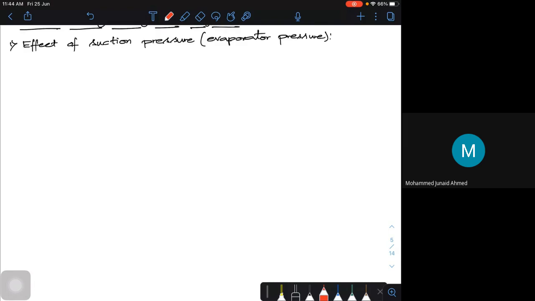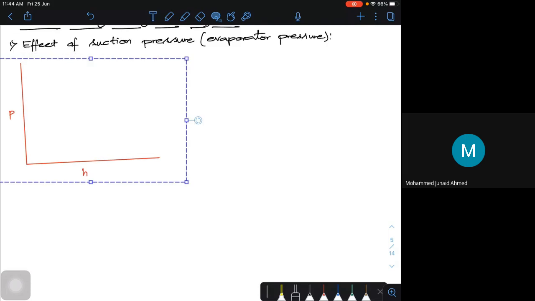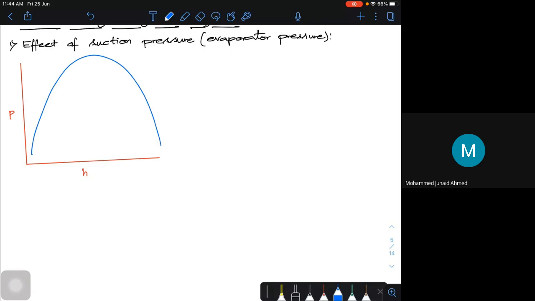Now, if I put a pH chart, this is my pressure enthalpy diagram, and let me put the dome. The dome is something like this. Usually this is how the pH chart looks. Now let me put the dry saturated condition itself.